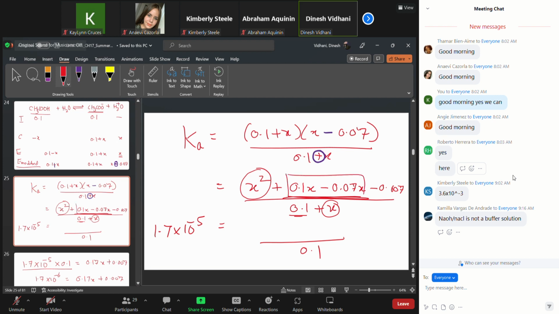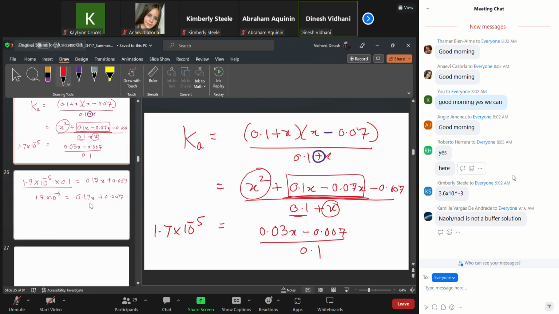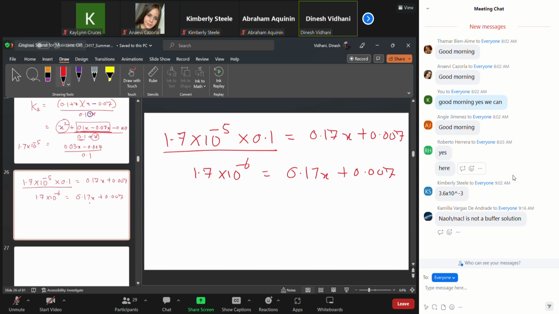See on the top, are you guys getting 0.03x? Very good, see? And then 0.007. Okay, so now we are correcting everything, right? So this stays the same, but now this one changes.